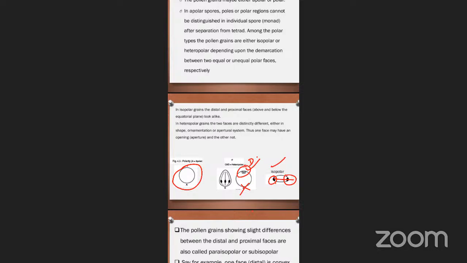Now after polarity, another important character is symmetry. Let me take a PPT slide. So now the third aspect is symmetry.